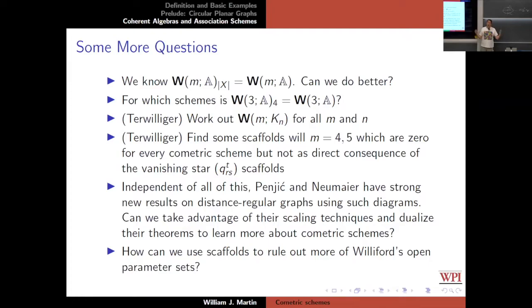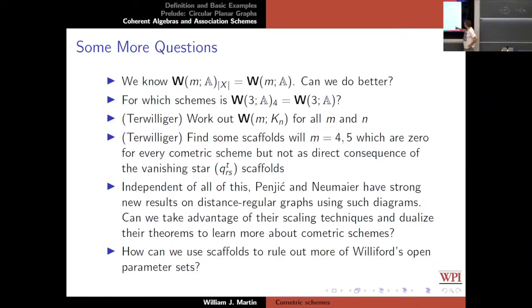Or it'd be wonderful if for some class of schemes you could have a bound on that number of nodes that's independent of the cardinality of X. For example, in particular, for which association schemes are the 4-node scaffolds giving you everything that's a third order scaffold with weights in that Bose-Mesner algebra.